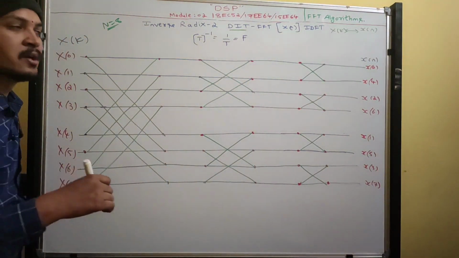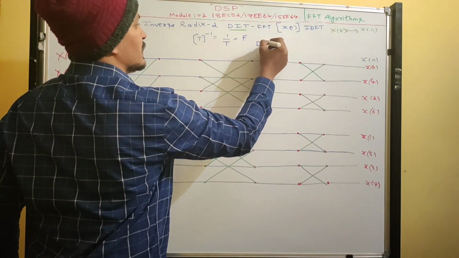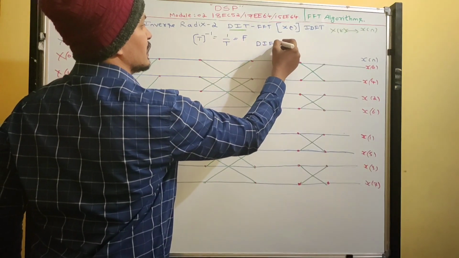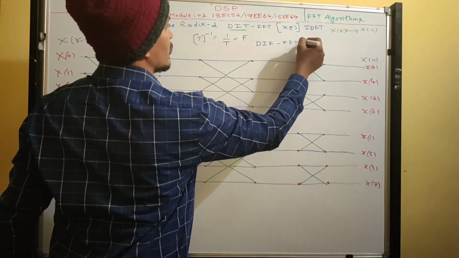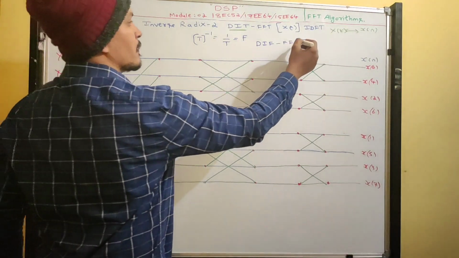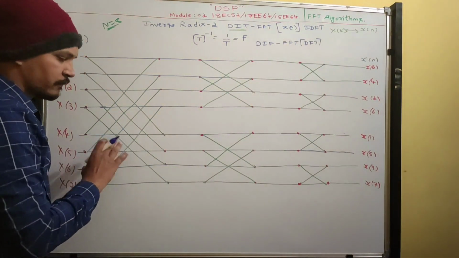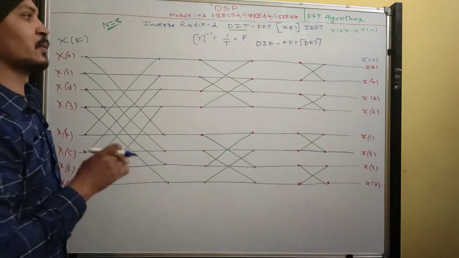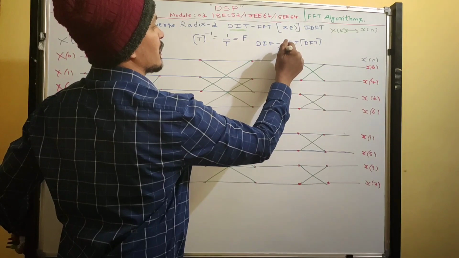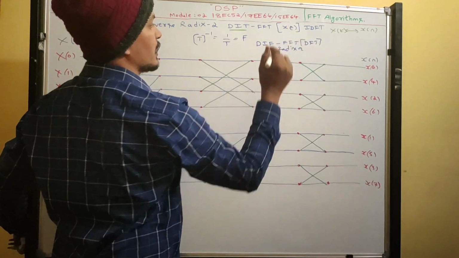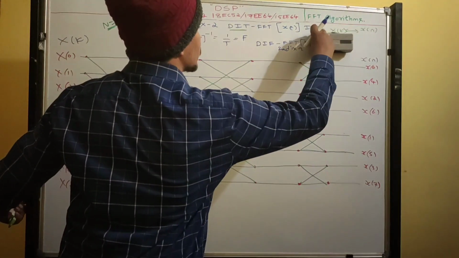Therefore, this becomes decimation in frequency, DIF FFT. Once you get frequency, then it is DFT. That's why the signal flow graph looks similar to decimation in frequency, DIF FFT radix 2. Got it? Understood?